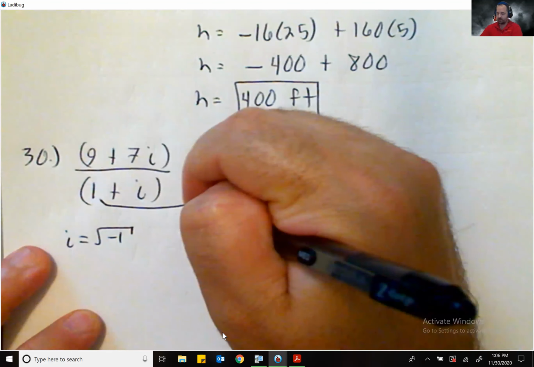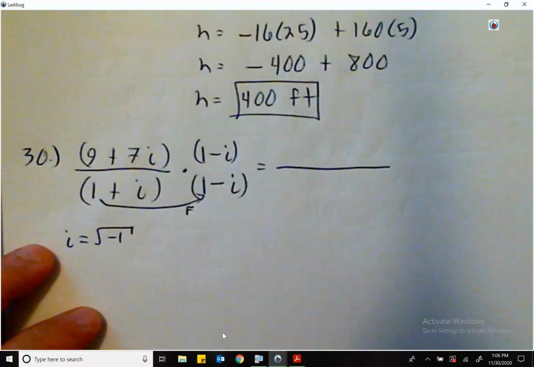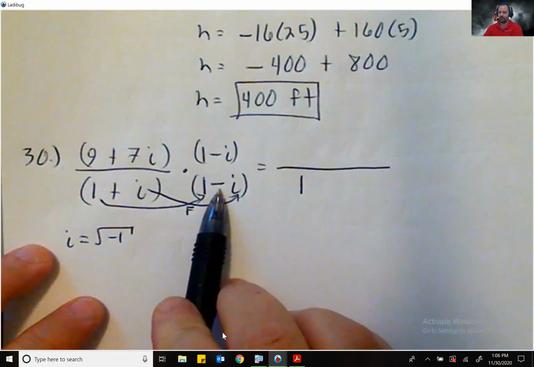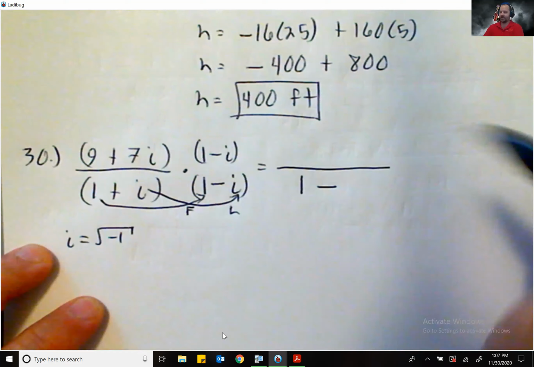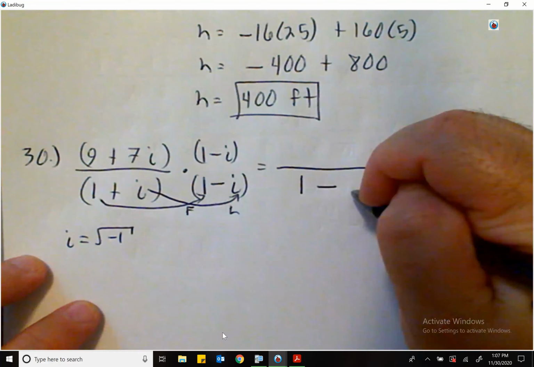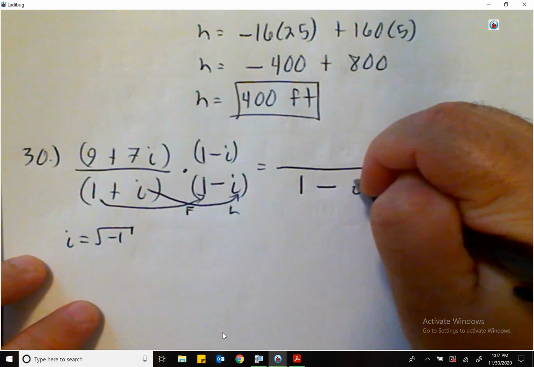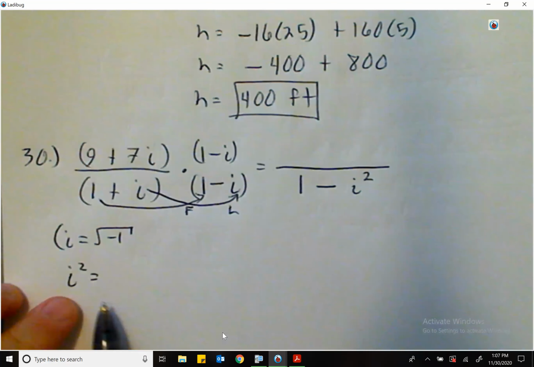So in the denominator, we FOIL. What's 1 times 1? And then we'll take the i's and multiply them. What's a positive times a negative? Negative. And what is i times i? i squared. All right, and what do we know about i squared? What does it equal?